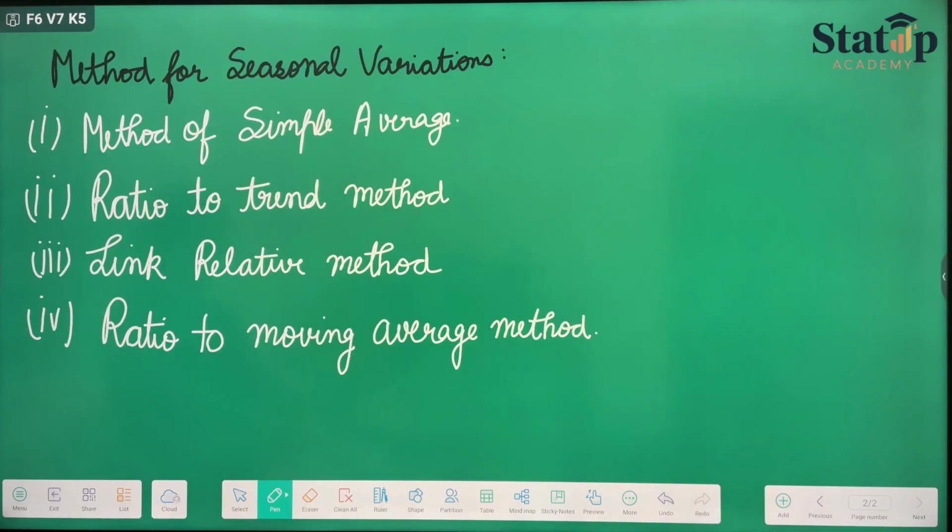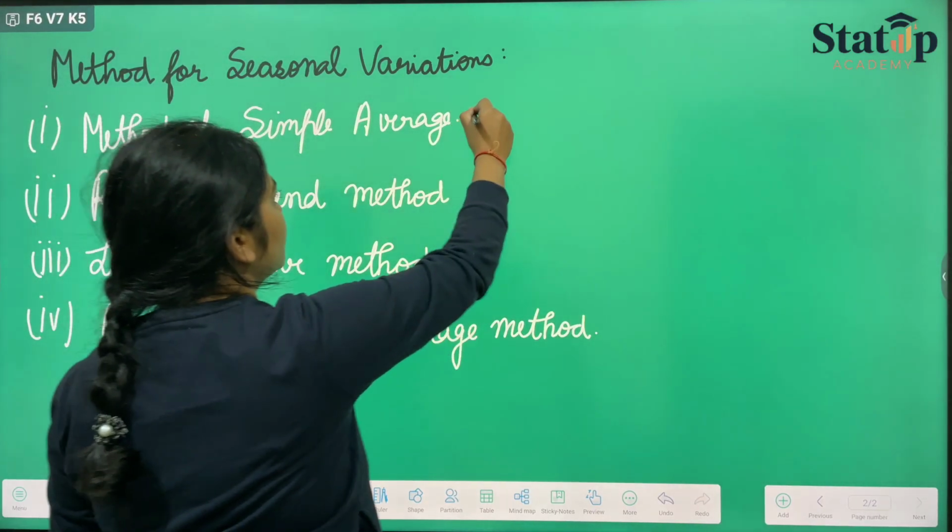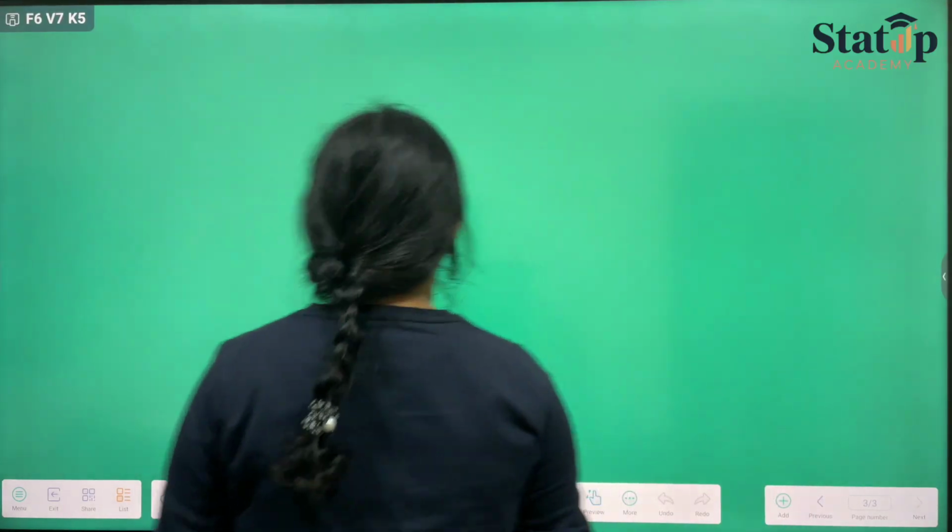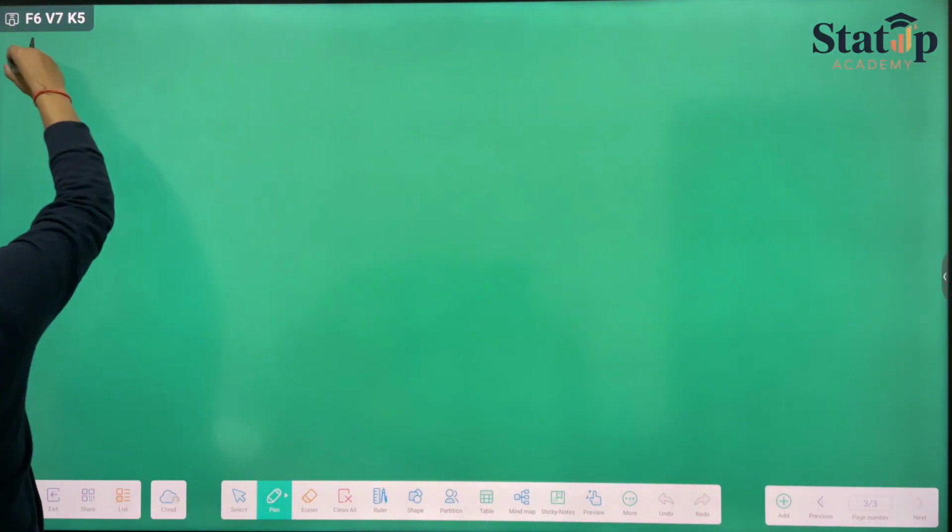So there are four methods: method of simple averages, ratio to trend method, link relative method, and ratio to moving average method. First of all, we'll do the method of simple averages. We'll cover this in today's class.